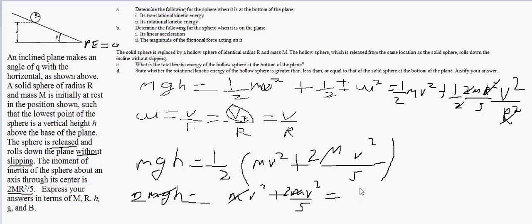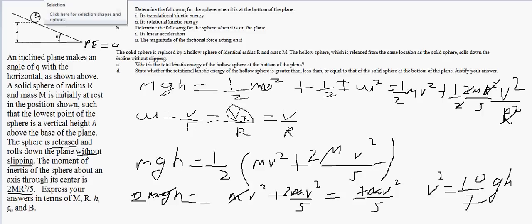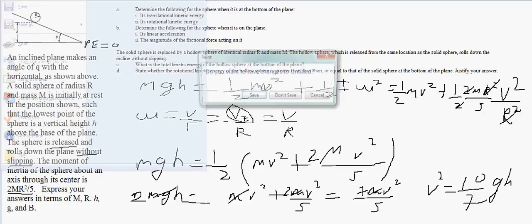So you have 7mv squared over 5. And we said we can eliminate the m. So we can say that v squared is equal to 10 over 7 gh. I'm just going to delete everything.